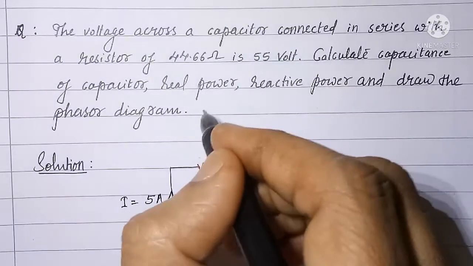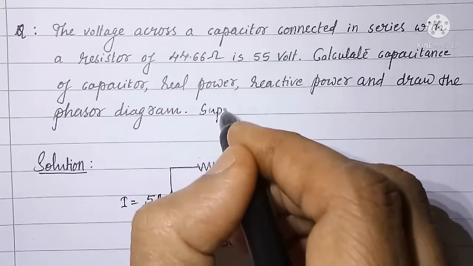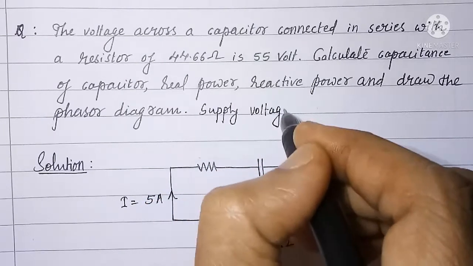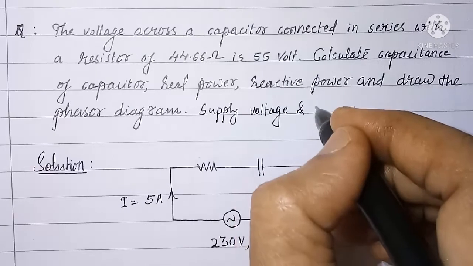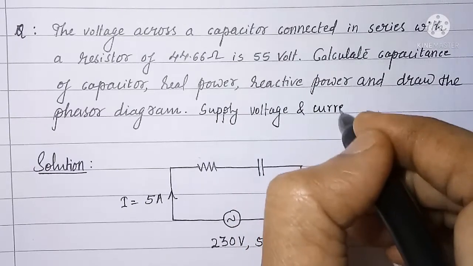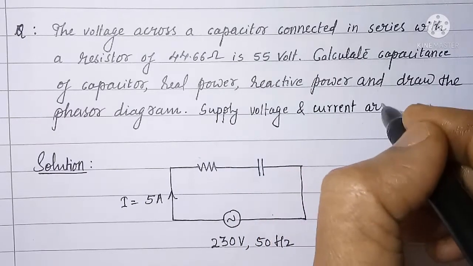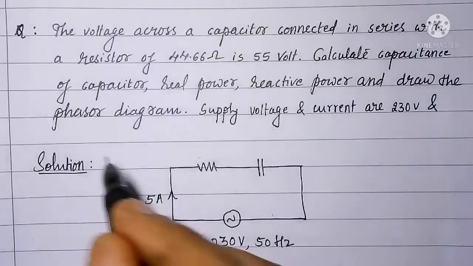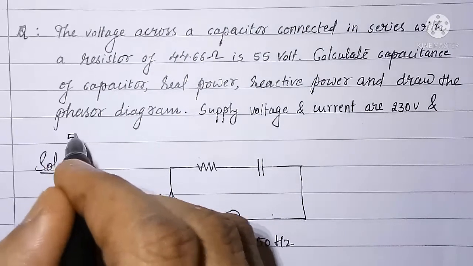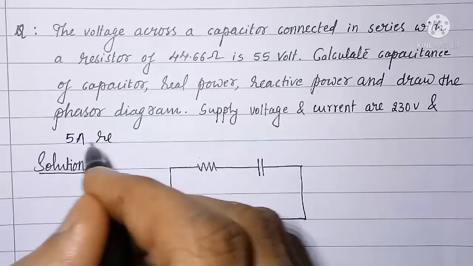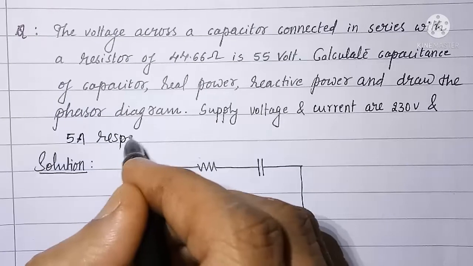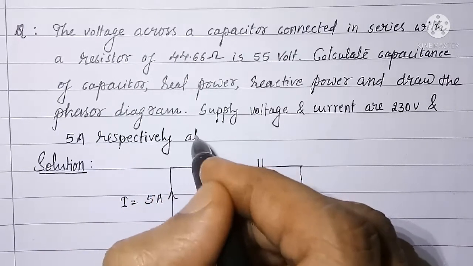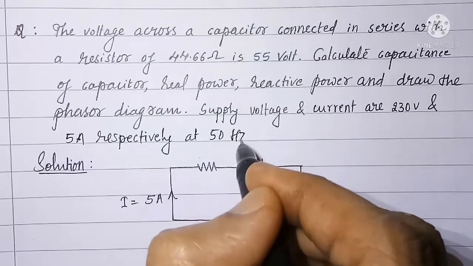You include here supply voltage and current are 230 volt and 5 ampere respectively, at 50 Hz.